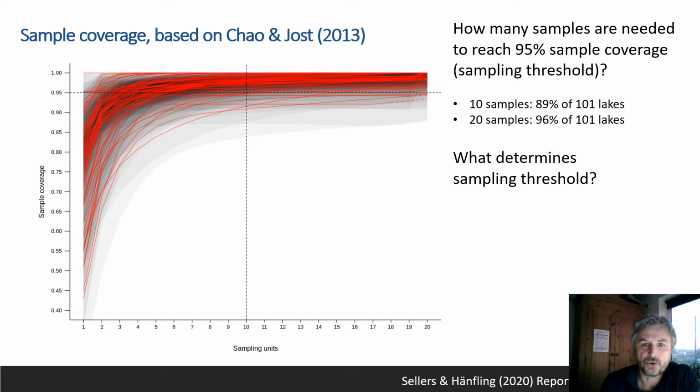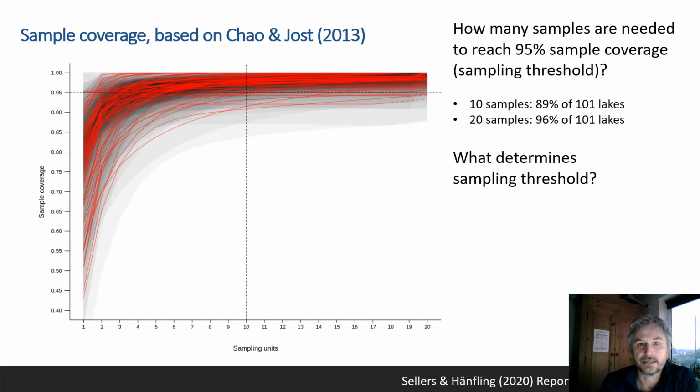Our analysis showed that with 20 samples, 96% of our lakes achieved this threshold, but this dropped only slightly to just under 90% when we reduced the number of samples to 10 per lake. This means that a fairly good representation of species diversity can be achieved with much fewer samples than we have used, and this might be sufficient for many purposes.